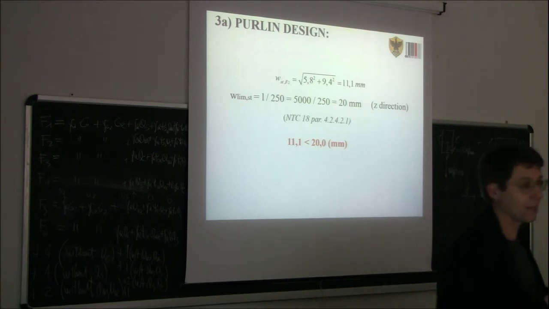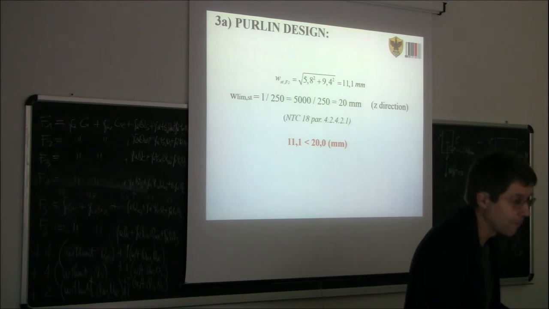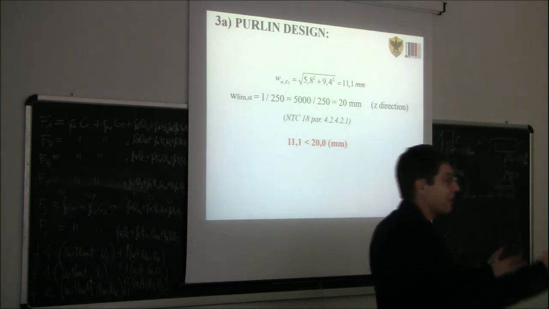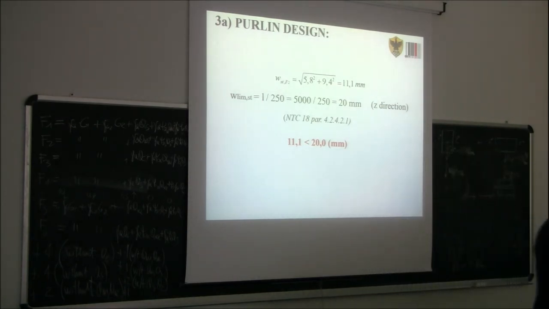Of course, we know that from an engineering point of view, we have so many uncertainties, so many approximations that for me, 123 and 120 is more or less the same, it doesn't make any difference. But again, from a legal point of view, it's better to avoid this. Different is if you get a deflection limit of, let's say, 20, and here you get 21. 21, strictly speaking, is greater than 20. But deflection is a serviceability limit state.